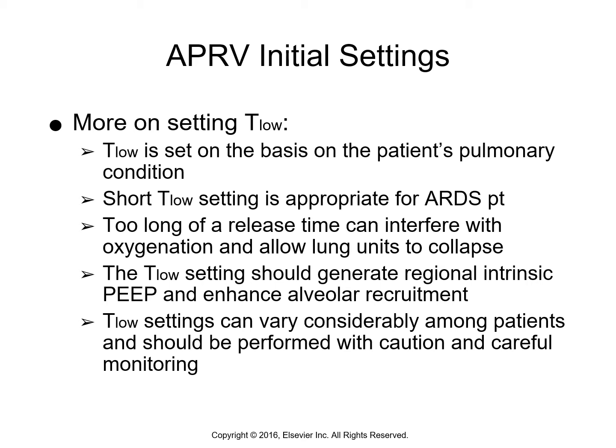So you do want a short T low, probably on the lower side, like 0.5 to 0.8. Again, I already mentioned this: too long a release time can interfere with oxygenation. The T low settings can vary among your patients and should be performed with caution and careful monitoring.